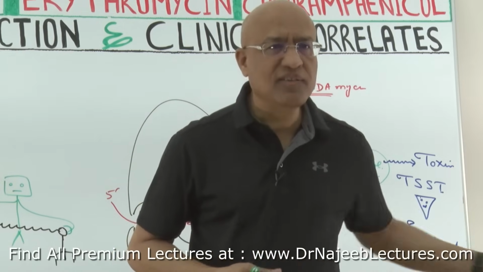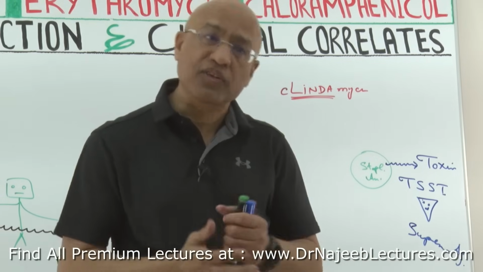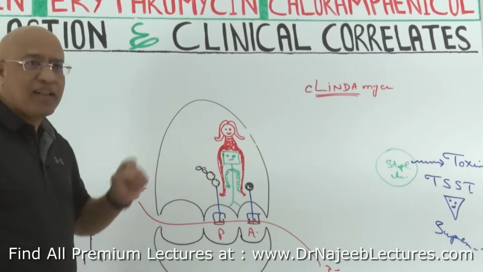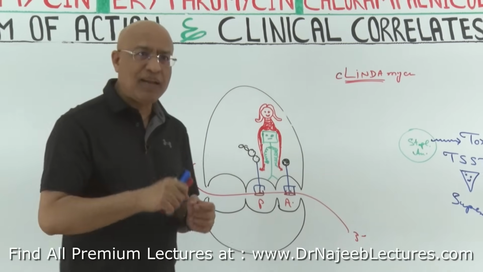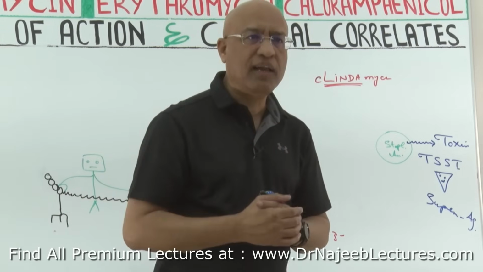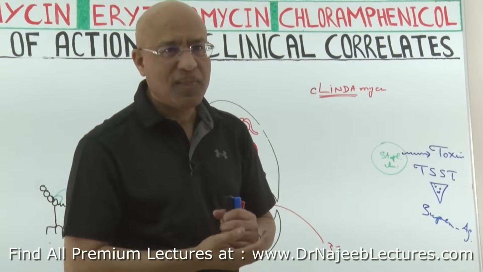Now, this is an exotoxin. This superantigen or exotoxin is basically a protein, and we see that clindamycin, on the susceptible bacteria, is not only bacteriostatic or bactericidal, it can even reduce the production of toxins.